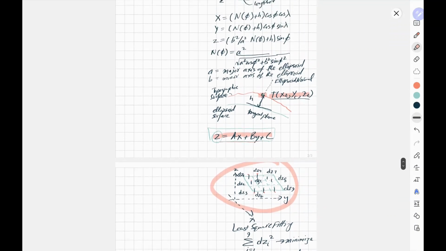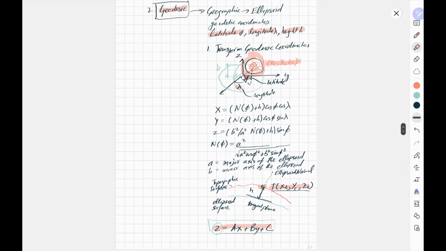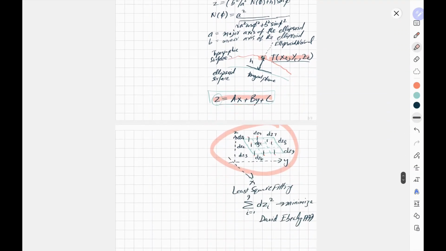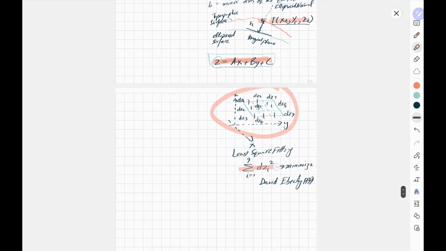One is the original z value of each cell, which comes from the original elevation file. The other is the computed z value, which comes from the fitted surface, represented in each cell by dz1, dz2, dz3. Then you try to minimize this using the method explained by David Eberle.